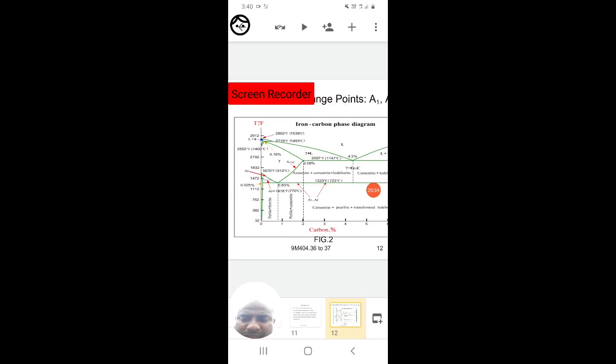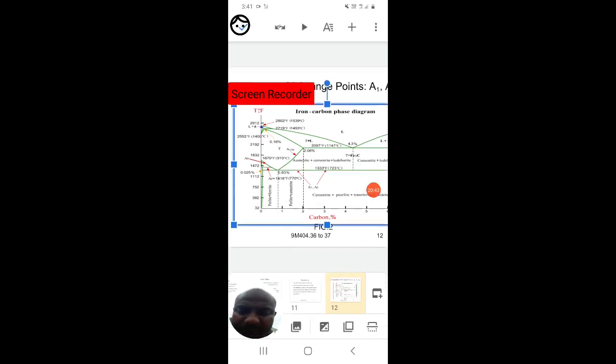So we indicate the A1 in red color. So this is the A1, A2. You will see all these in detail.